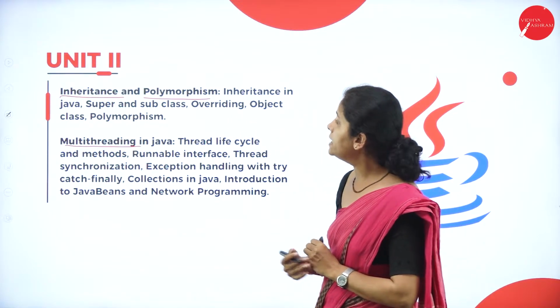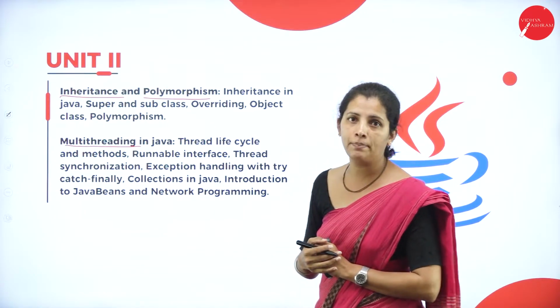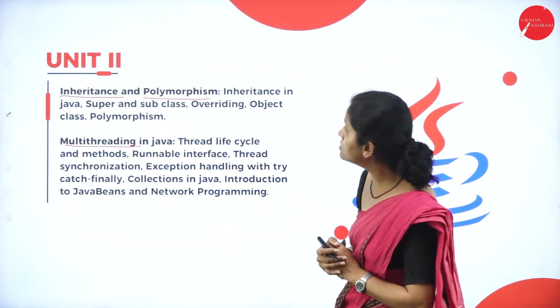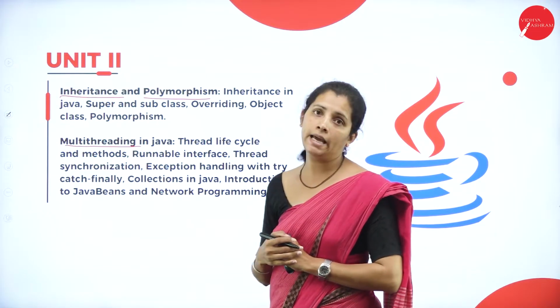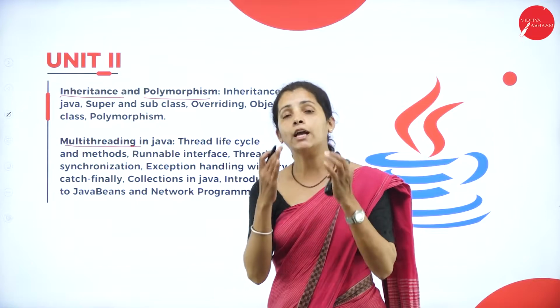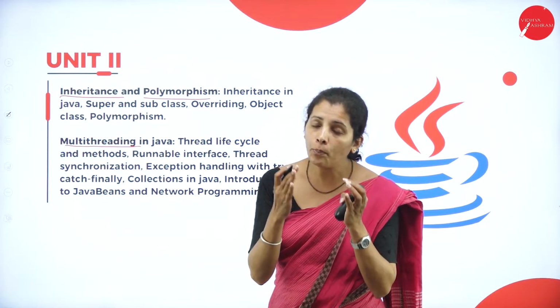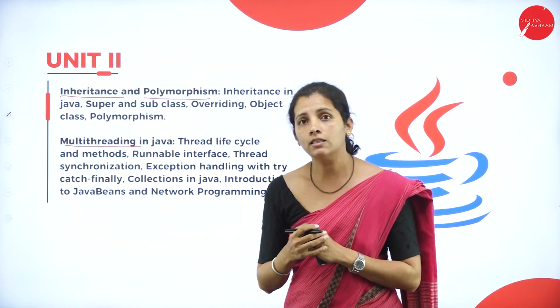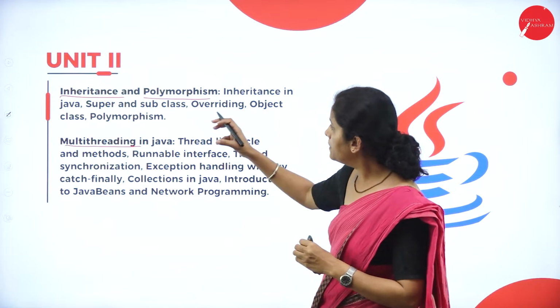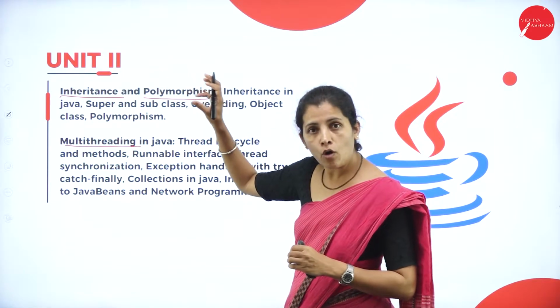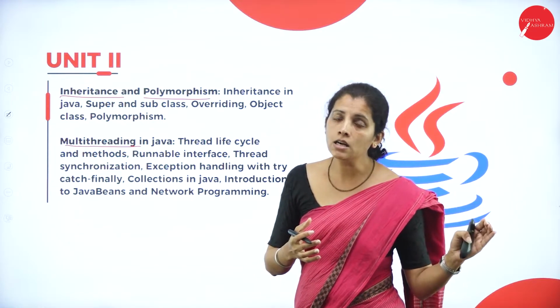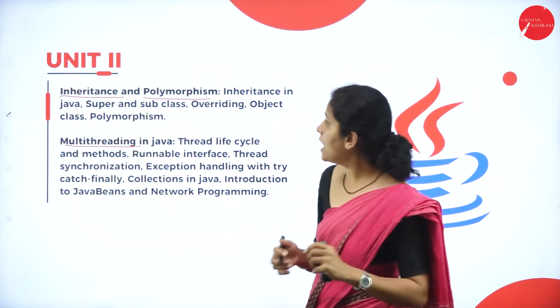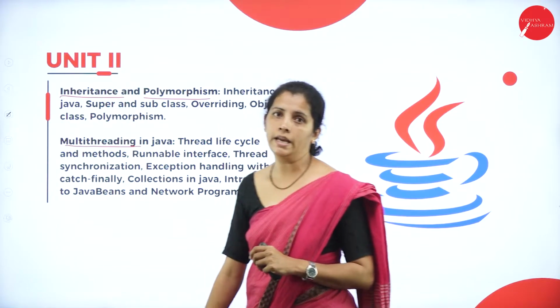So, dear students, if I go with the first chapter, I'm going to get the concept called inheritance. So, what is inheritance? That is, acquiring the properties of another class. That means, whenever I want to reuse the properties of some other class, that time I'm going to use inheritance.